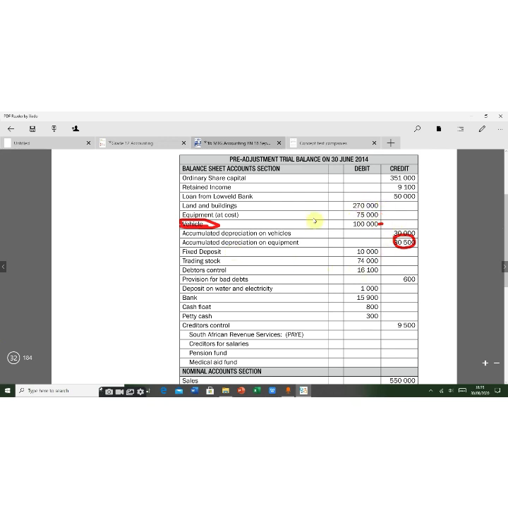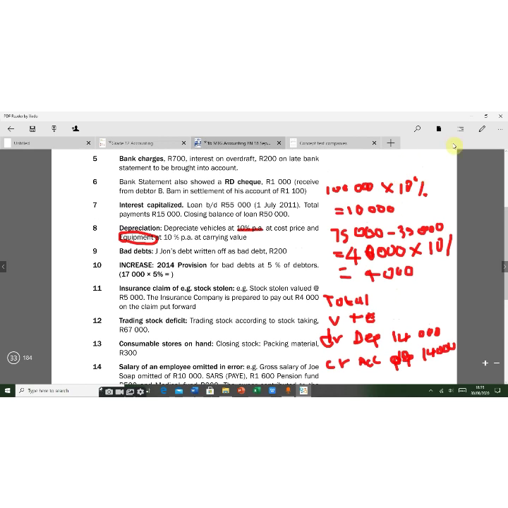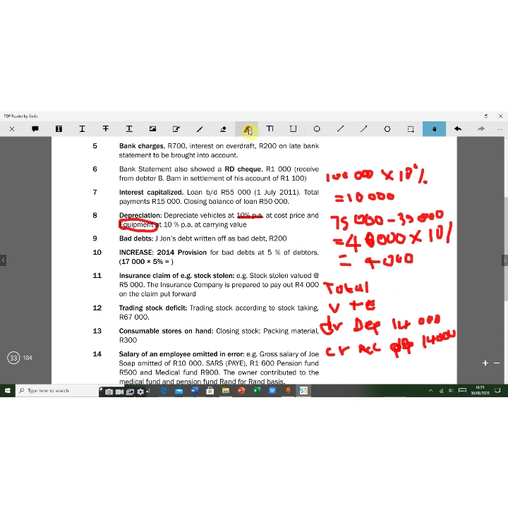This is the cost of the vehicle. And then they said depreciate vehicles at 10% per annum at cost price. We use the first method of depreciation. So you take that 100,000, that cost, and then you multiply by the percentage. Your percentage is 10%. Then you get 10,000.